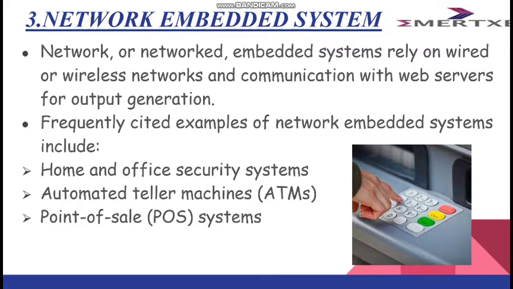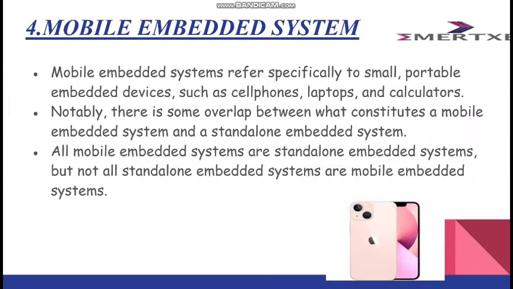The third one is the networked embedded system. A networked embedded system relies on wired or wireless communication with a web server for output generation. For example, it includes home and office security systems, then ATM machines, then point of sale systems. The fourth one is the mobile embedded system.